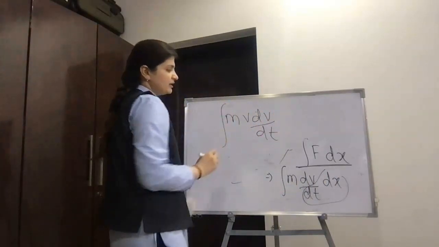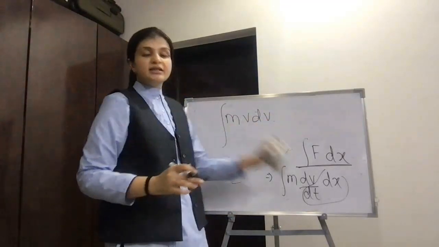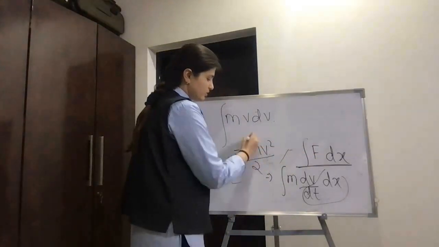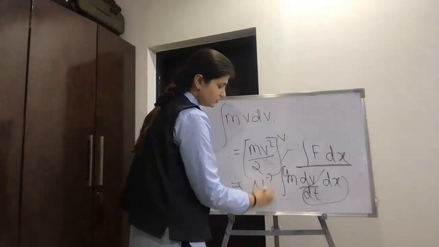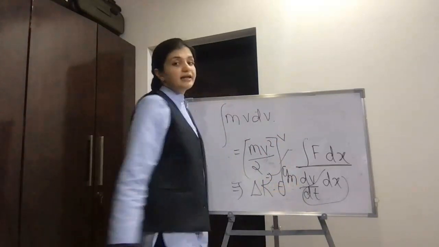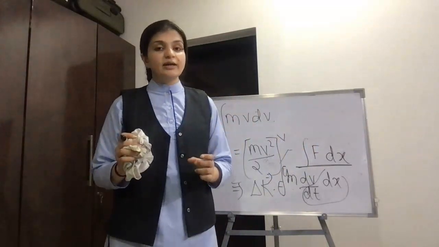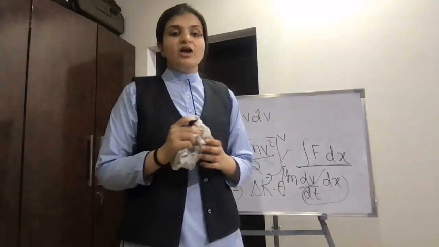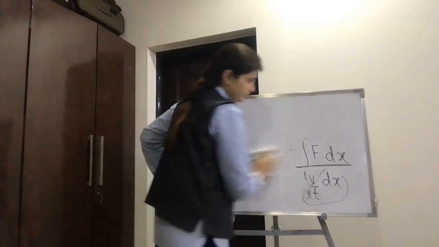We can integrate both the sides, and we get mv square by 2, with limits going from u to v. So this comes out to be equal to the total change in kinetic energy. So this is the total work done by n number of forces, which is equal to the change in kinetic energy.